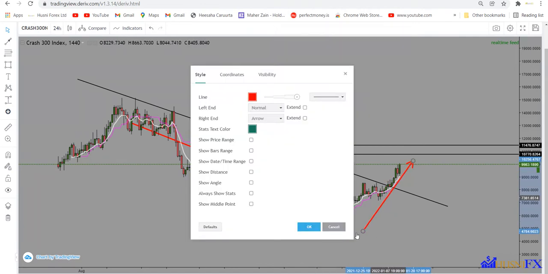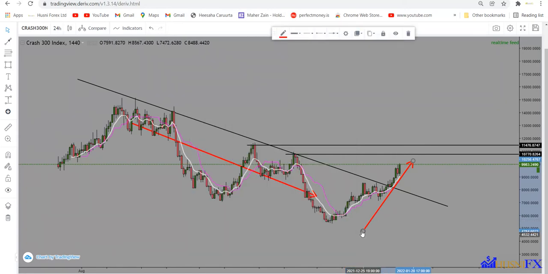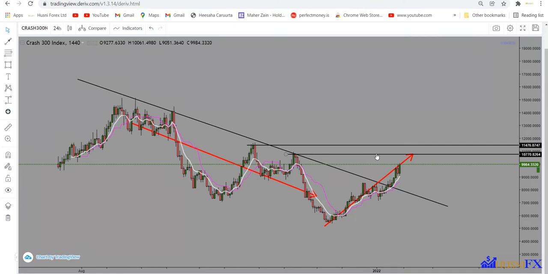It has broken that zone, that structure. So it's an uptrend, but we are not buying crashes, we sell crashes. So we have a nice entry at lower time frame at the moment for selling this market.